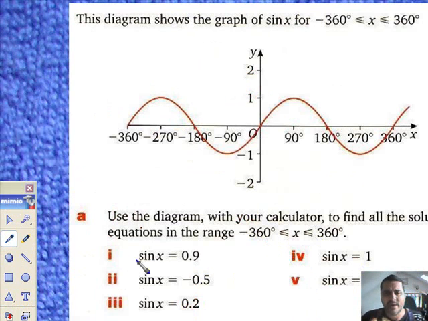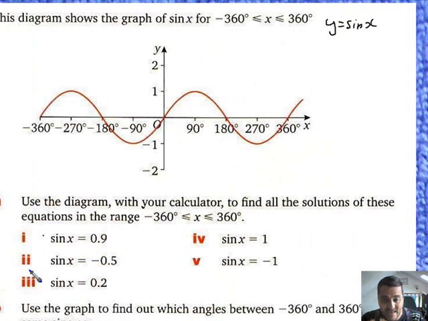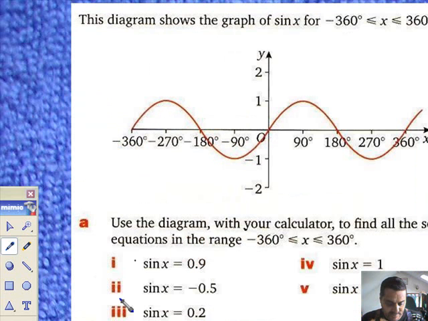Okay, first let's just work out one of them, this one right here. If the sine is 0.9, let's just work out what the angle is going to be first of all. So I'm going shift sine 0.9, and I've got 64.2 degrees. Okay, so my first solution is going to be 64.2 degrees. So that will be around here somewhere, I'm guessing, about there.